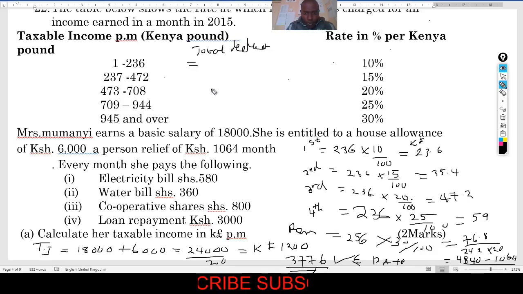Total deduction will be equal to, this one is one of the deductions, 37.76, the pay, then plus what you are given, all these: 580 plus 360 plus 800 plus 3,000.